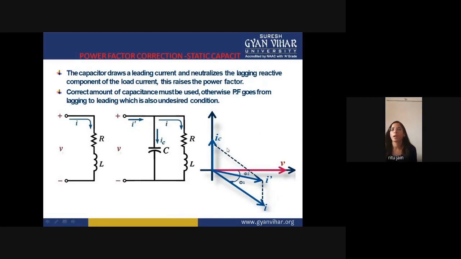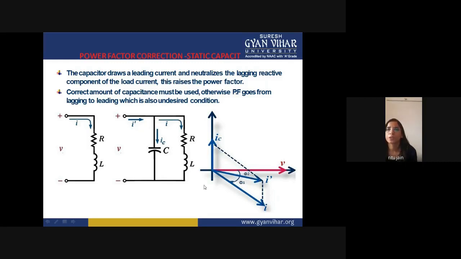By applying a capacitor, you can see that this is your inductive load. You can connect a capacitor in parallel with this. Before applying the capacitor, the angle was phi 1. After applying the capacitor, the angle reduces from phi 1 to phi 2.